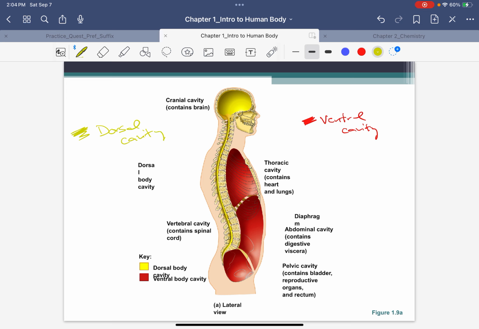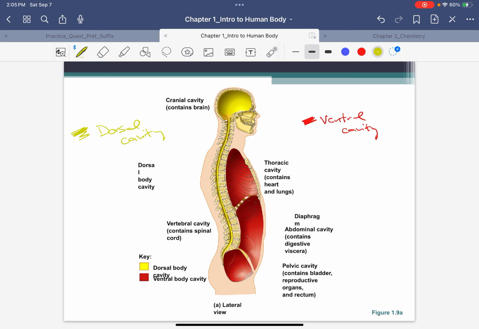Now, why are we even talking about this? It's because these things are there for a reason. Imagine if we took out all of our organs. We would have these empty cavities, but these empty cavities are separate. We don't want all of our organs just thrown in together.